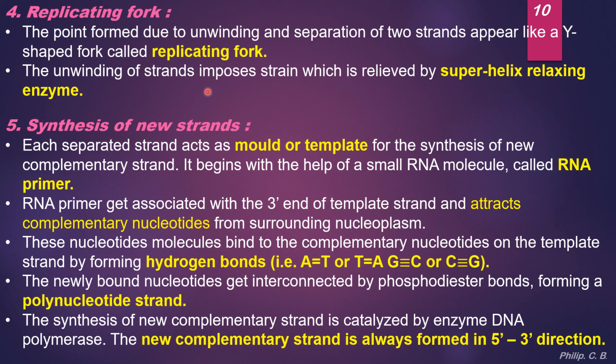The unwinding of strands imposes strain which is relieved by superhelix relaxing enzyme. So here the strands which are separated or unwound are always under strain, and this strain or stress is relieved by the superhelix relaxing enzyme.